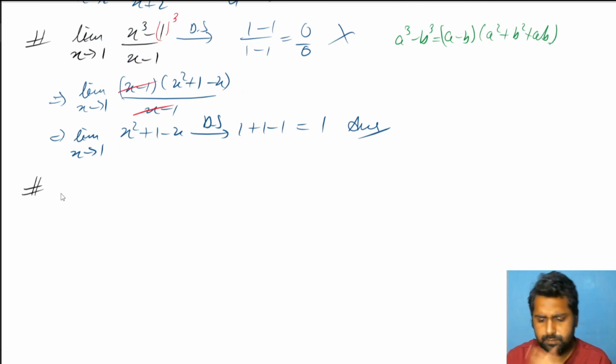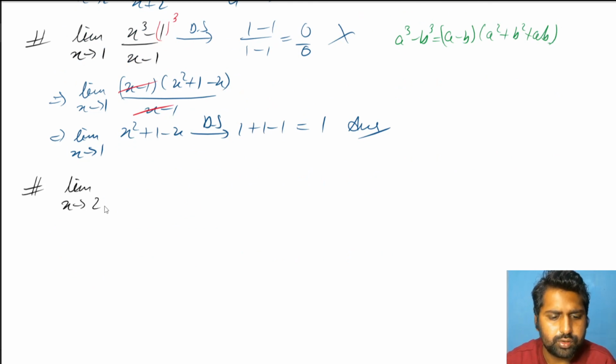All right. Let's manipulate it more. Limit x tends to 2, (x cube minus 6x square plus 11x minus 6) upon (x square minus 6x plus 8).